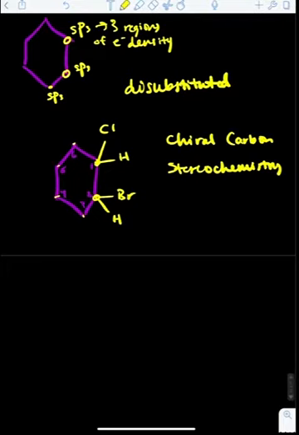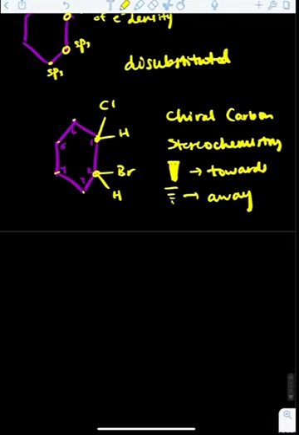So the chlorine can be going in a different direction than the hydrogen, and we'll see how we do that right now. If we have a wedge bond, it looks like that, and this means that the bond is coming towards us. If we have a dash bond, that means the bond is going away. So now let's redraw the bonds on this cyclohexane.